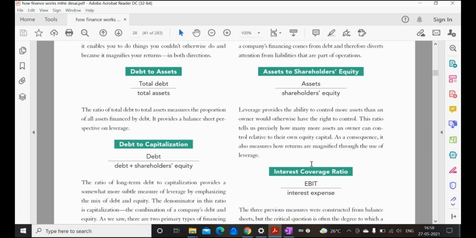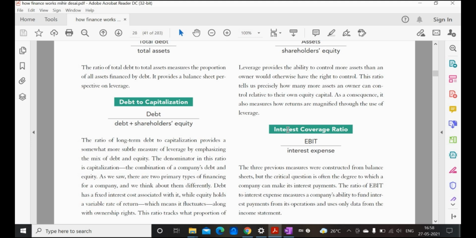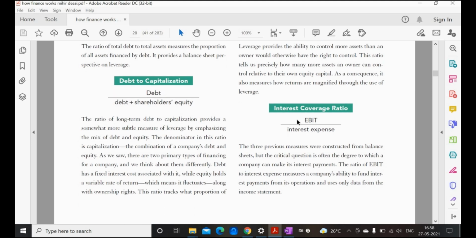Let's look at the next ratio, that is the interest coverage ratio, which is given by EBIT by interest expense.